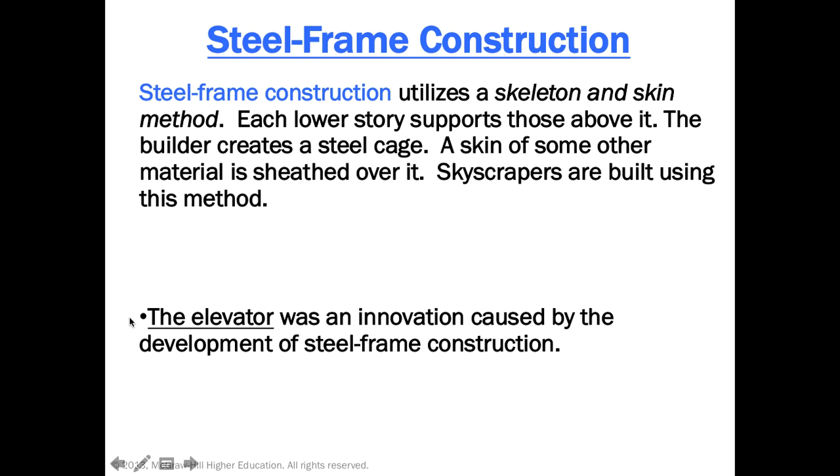Now, the reason the skyscrapers could exist and people are not going to walk 40 floors to their office, of course, is the elevator. So the elevator was an innovation, and after a certain amount of time, I would say 10 floors, 12 floors, people are really not going to walk up that many flights of stairs several times a day. So the elevator enabled the buildings to go even higher.